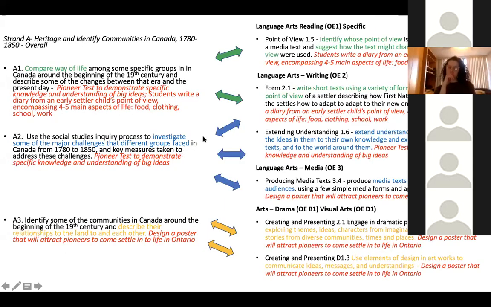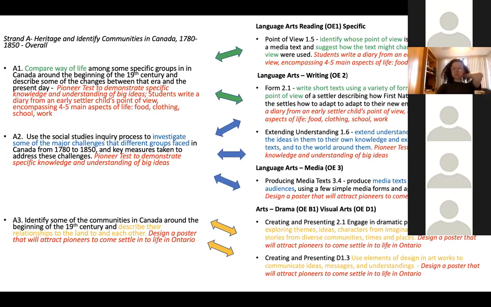So if you look here, it's actually not the poster that is the expectation. It's that they're doing their relationships to the land and to each other. That's the expectation. The poster is the venue for how I'm going to know what they know, right? So instead of it being just a poster, I could let them do a skit.